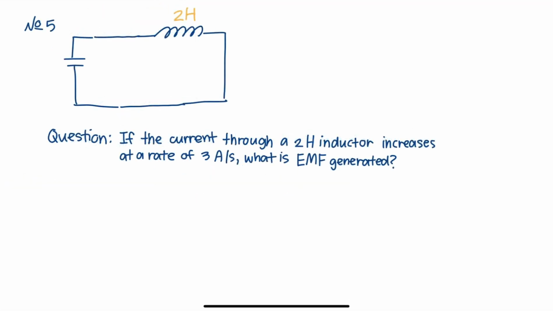In question number 5, we have another circuit. The question says, if the current through a 2H inductor increases at a rate of 3 amperes per second, what is the EMF generated? In this case, EMF stands for electromotive force. The formula to find the electromotive force is going to be EMF equal to negative L multiplied by di over dt.